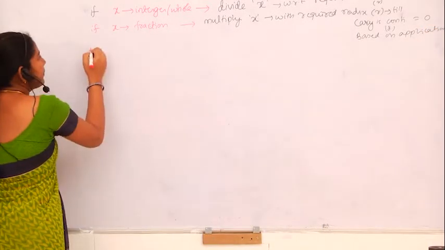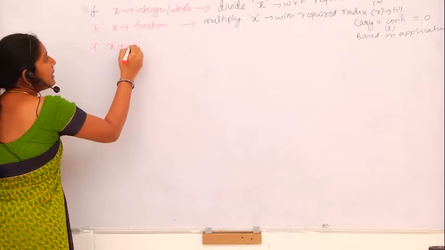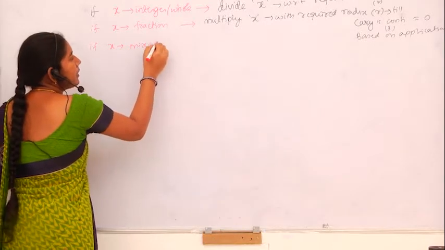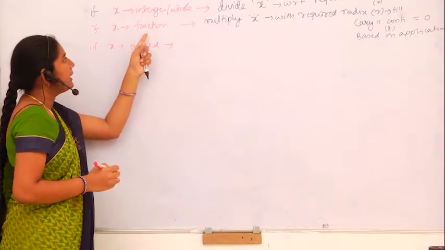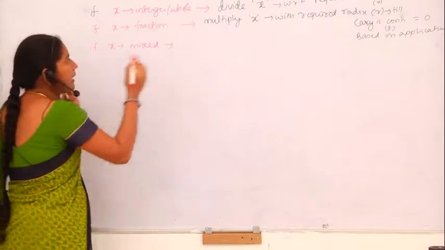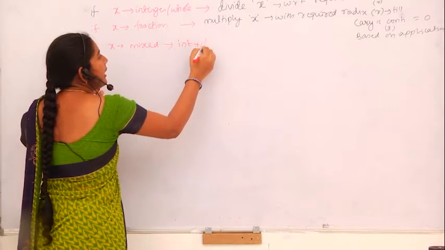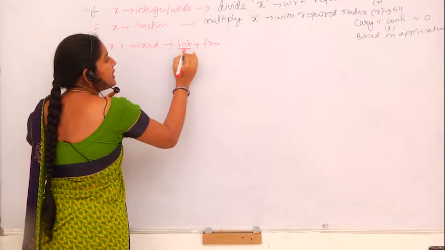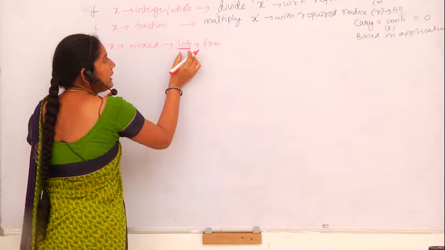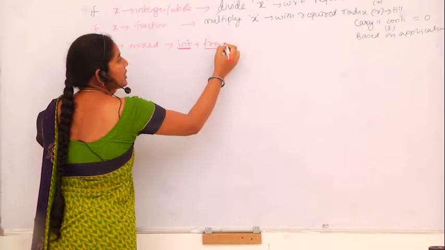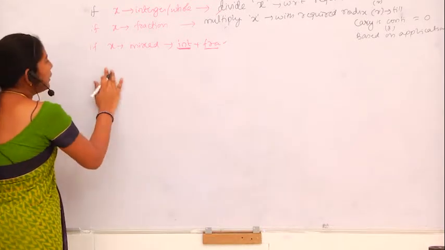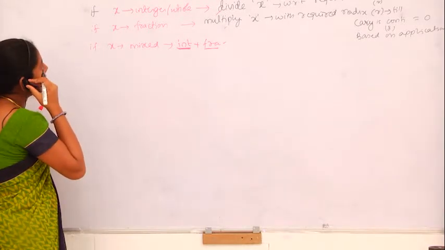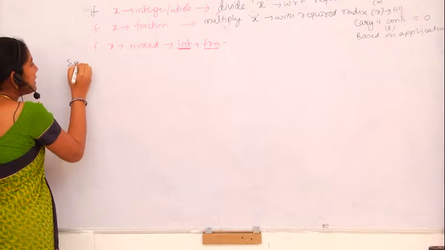And third, if x is a mixed one, means a combination of integer part and fraction part, then do the division for the integer part and the multiplication for the fraction part. Now, for better understanding, I will consider some examples.